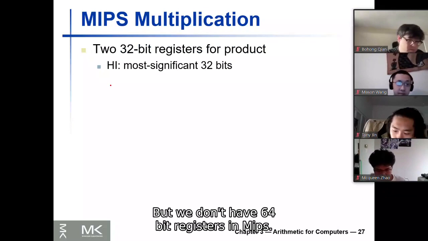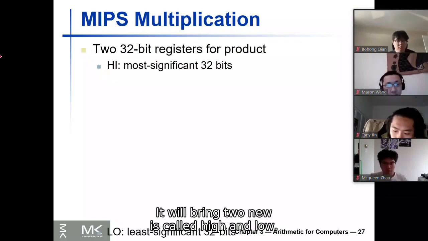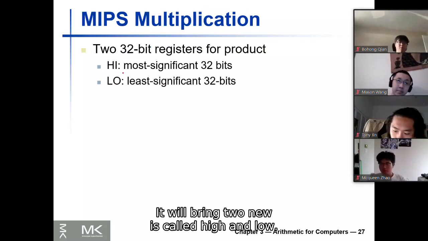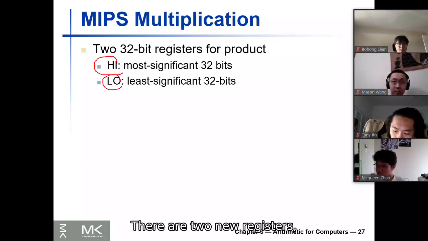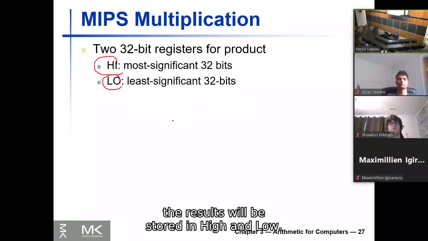But we don't have 64-bit registers in MIPS. What does MIPS do for that? So it will bring 2 new registers called high and low. There are 2 new registers. So the result will be stored in high and low.